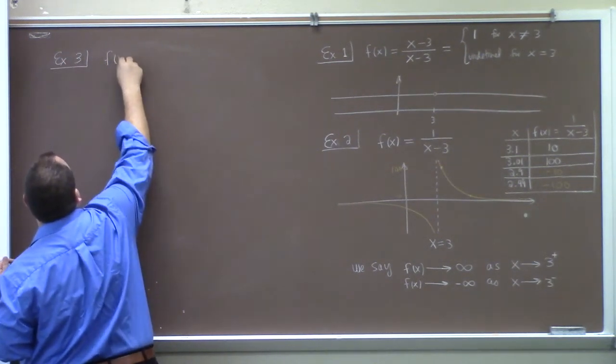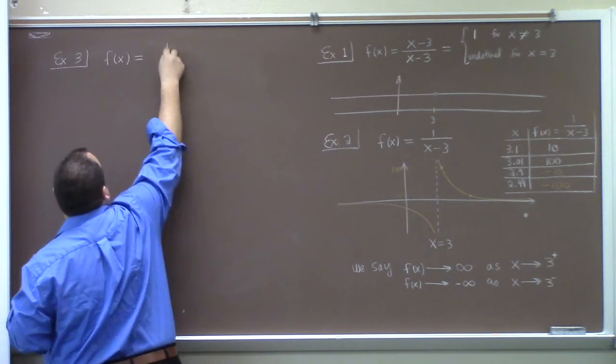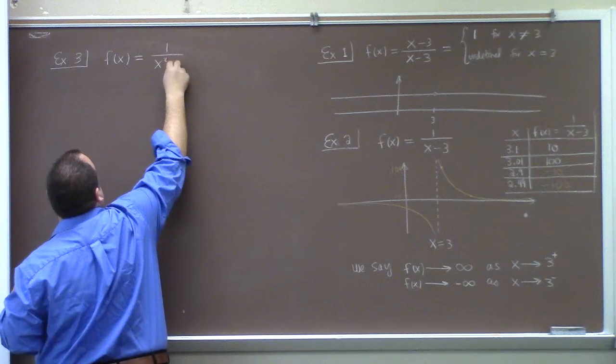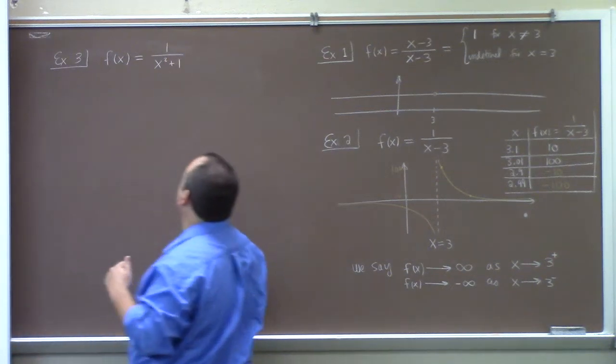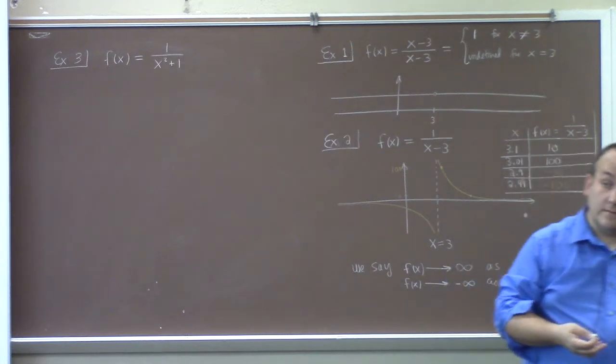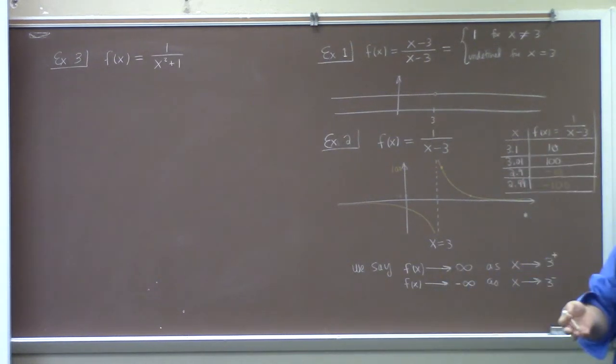Now this one's going to be a little bit weird. This is also a rational function, all right? But this one's interesting in the sense that it doesn't have any x-intercepts, right? Because x-intercepts come from what?